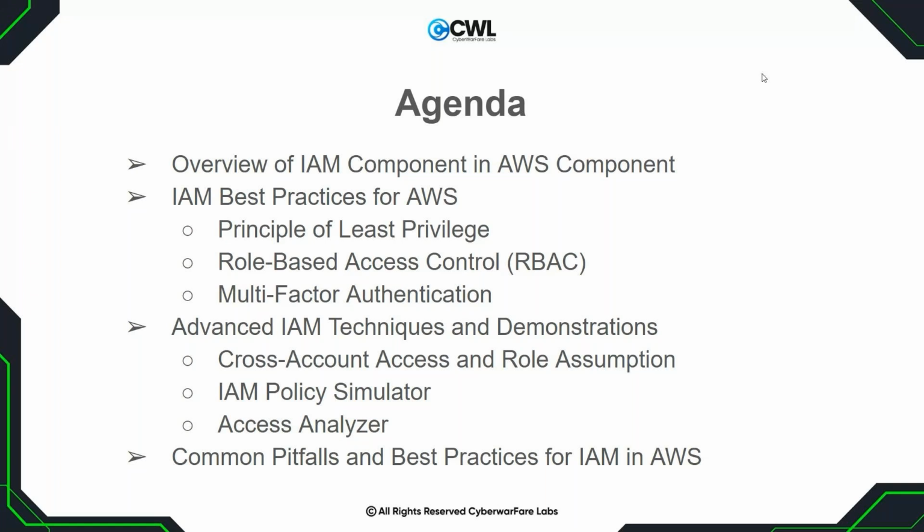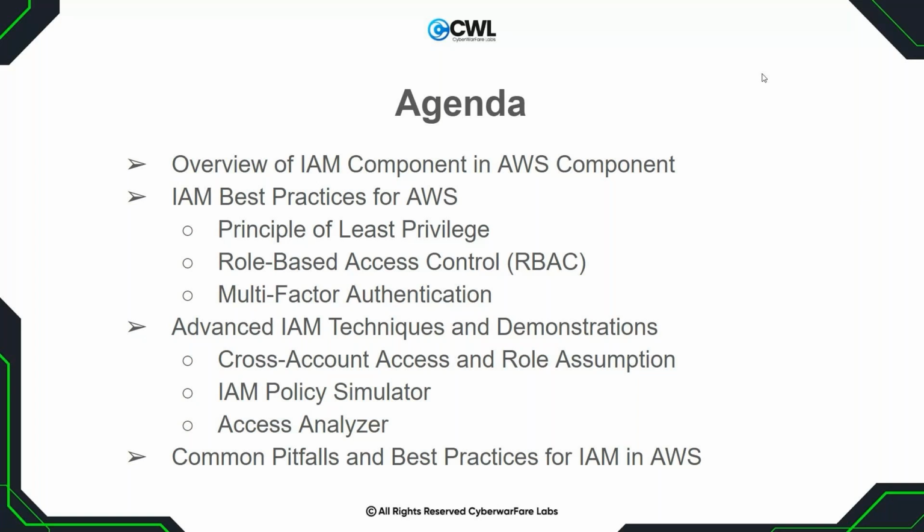Then we will also see role-based access control, or RBAC. This allows us to set up permissions based on a specific job function, which makes managing permissions easier, especially as our teams grow and evolve.